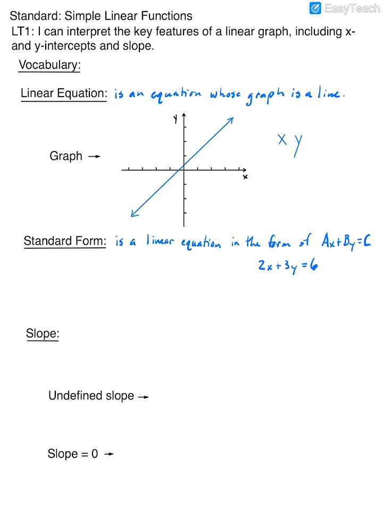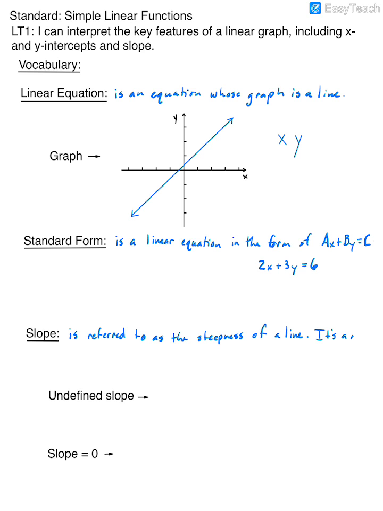Okay? The next thing we would like to talk about is something called slope. Slope is referred to as the steepness of a line. Okay?